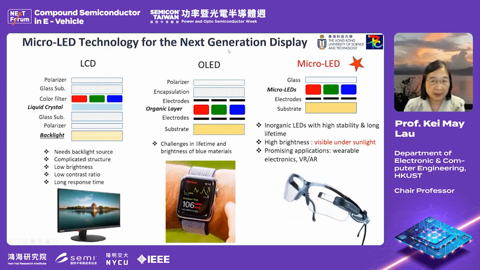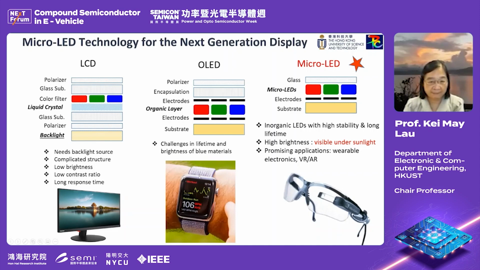And so for the next generation display, you can use the conventional LCD. There are many layers, and the brightness is low, and also the contrast ratio is low. And for the organic LED, you can improve that somewhat.